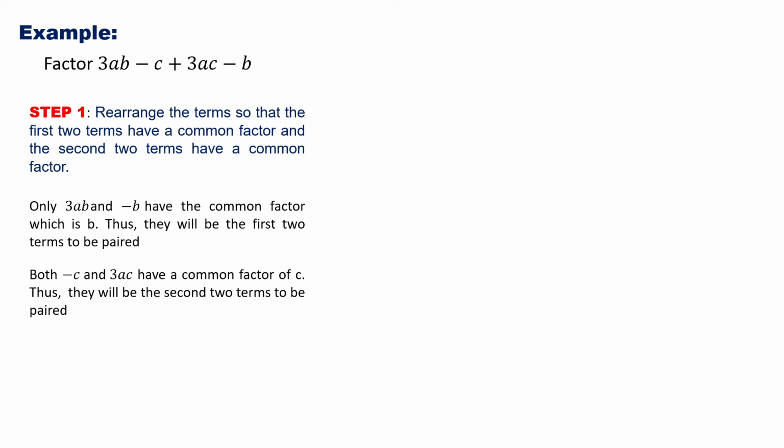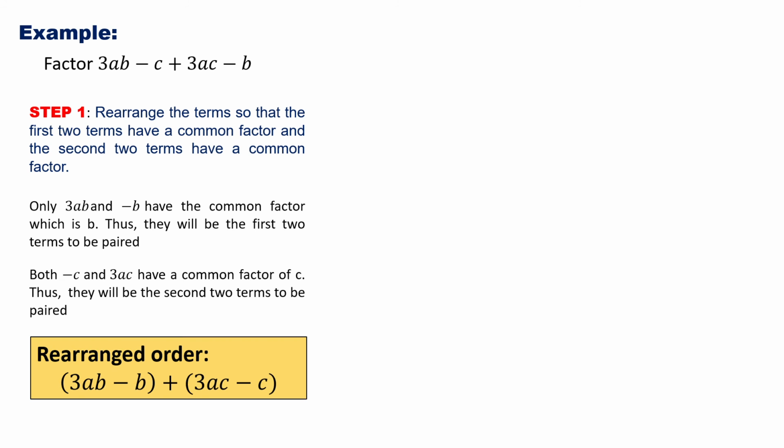For the second pair, both negative c and 3ac have a common factor of c. Thus, they will be the second two terms to be paired. And by rearranging the terms of our polynomial na base doon sa ating pagpares, magiging 3ab minus b plus the quantity ng isang pares, which is 3ac minus c.